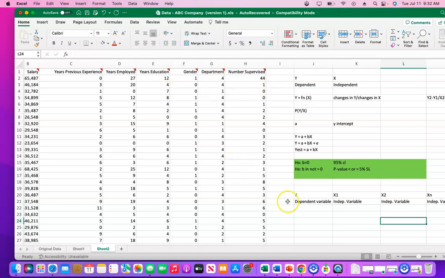So you can see that all these are independent variables, and salary is a dependent variable.